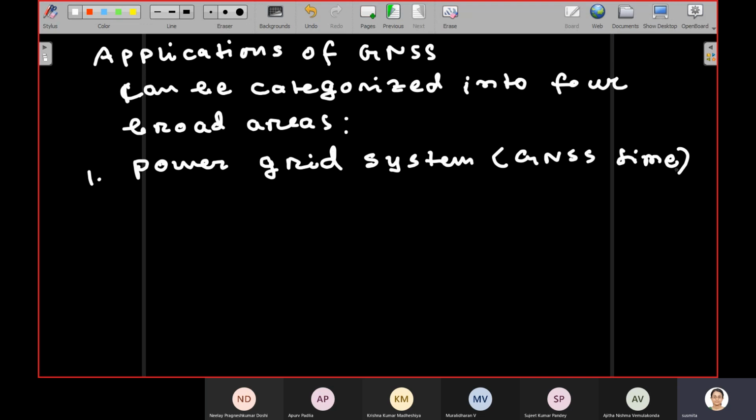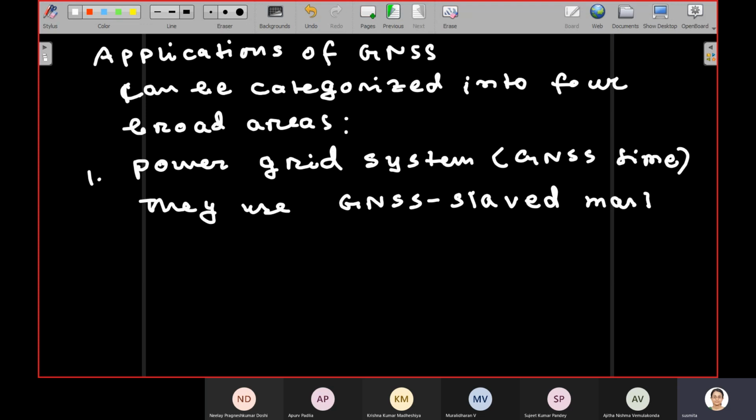So they use GNSS slaved master clocks to derive the time.